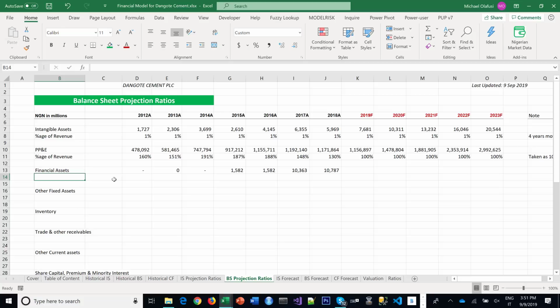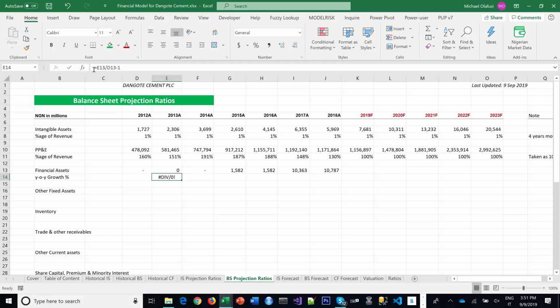So I can use year-on-year growth instead of percentage of revenue, since it's more of a decision the company takes regardless of the revenue position. So year-on-year growth is this year divided by last year, minus 1.